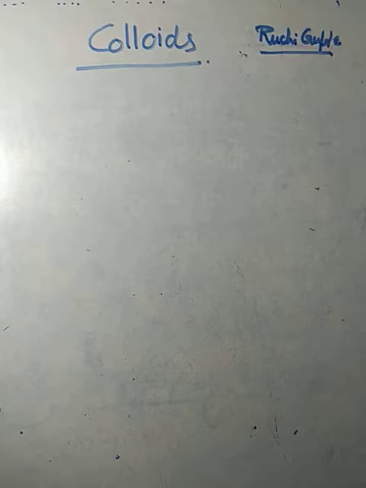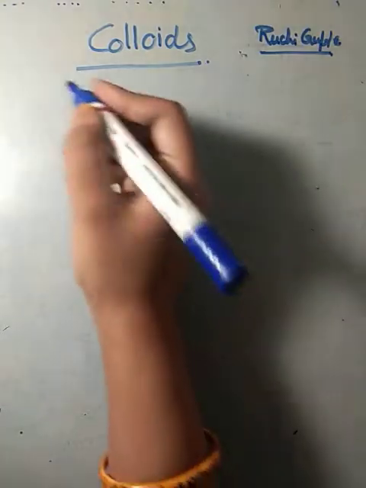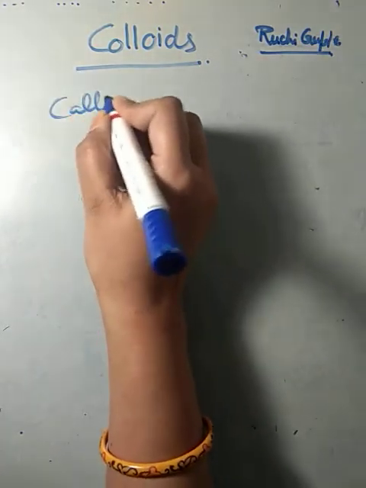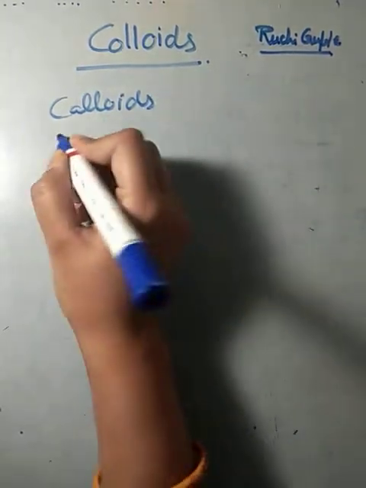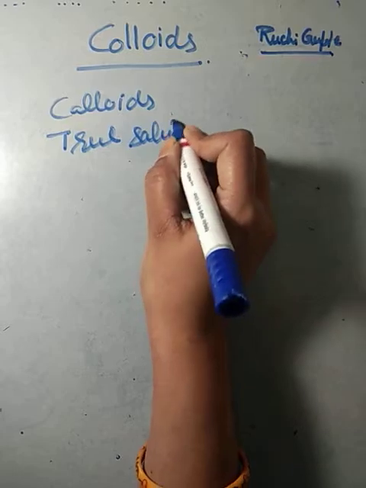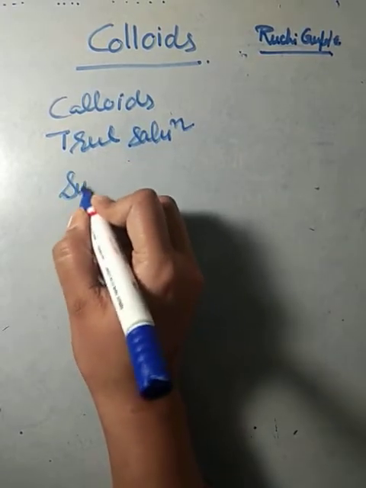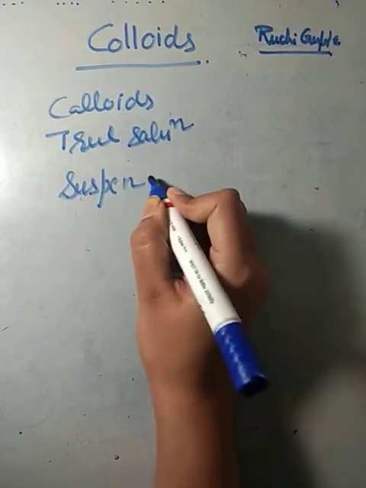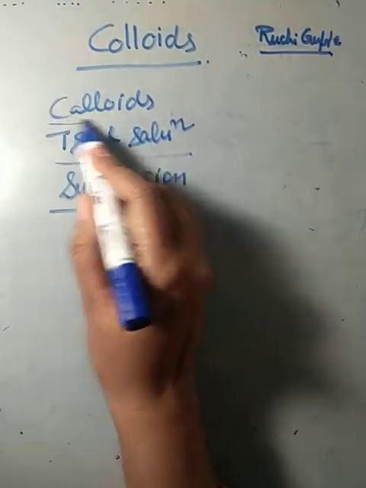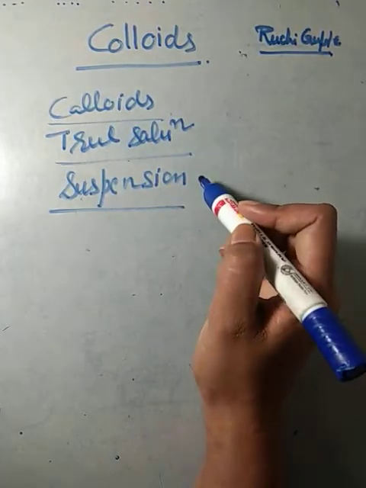Normally, colloid we can say is a state of matter. And if we define the solutions, then a solution may be of three types: colloids, true solution and suspension. These are the three types of solutions.